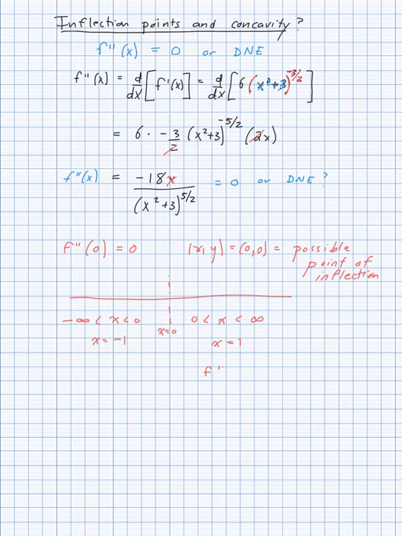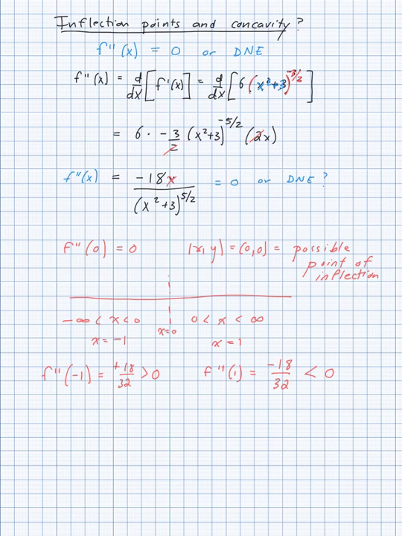And the second derivative, evaluated at x equals 1, gives me minus 18 over 32, which is less than 0. And the second derivative, evaluated at x equals negative 1, gives me positive 18 over 32, which is a positive number. And really all I care about is the sign.